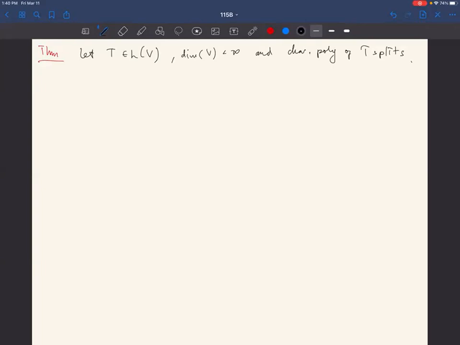There's no assumption. If the field of scalars is the complex numbers, this can be an arbitrary linear operator over the complex numbers, because the characteristic polynomial splits automatically by the fundamental theorem of algebra. Okay. So then T has a Jordan canonical form.